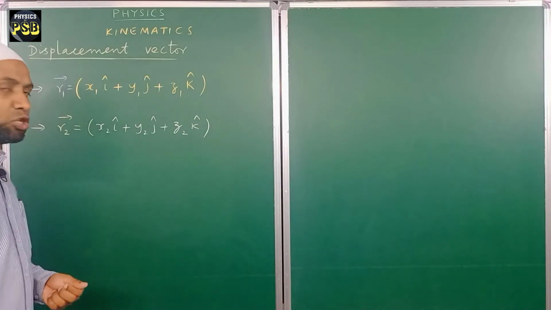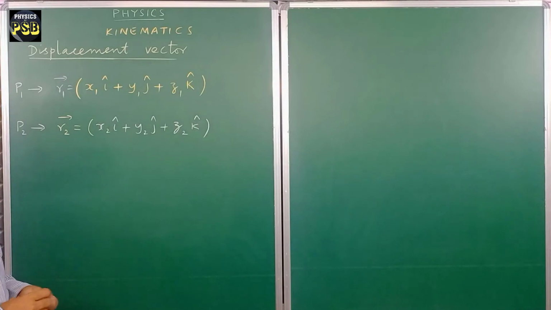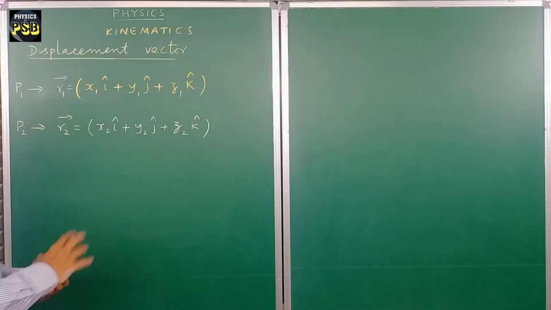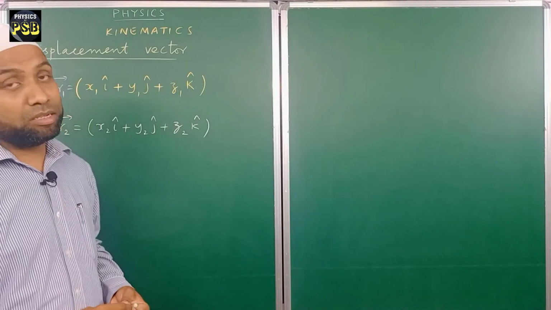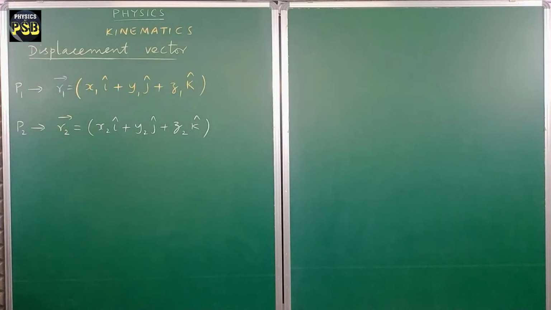This is the representation of position vector using a coordinate system. Then how do we represent the displacement vector? Let me show this to you.